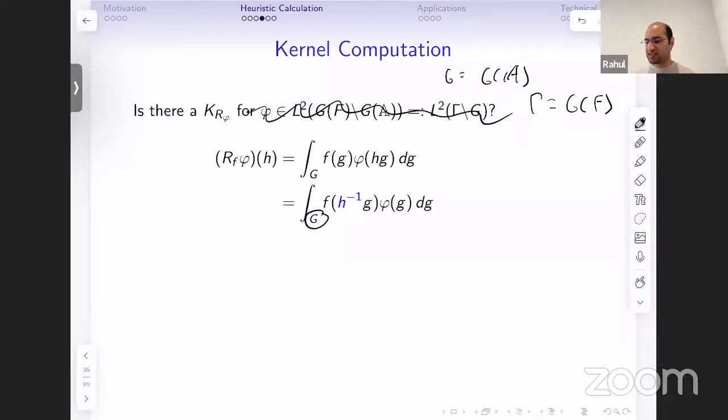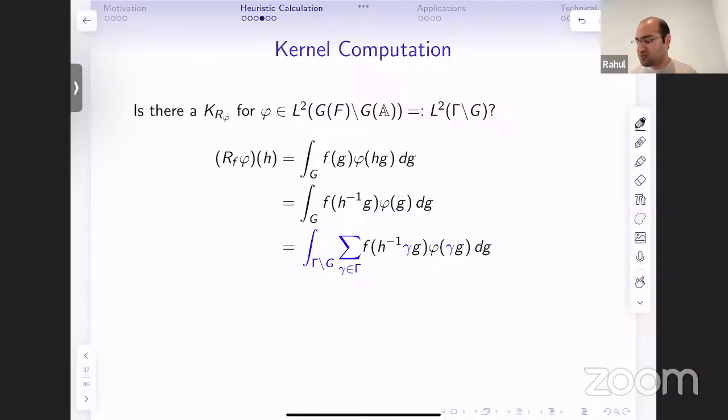Well, we're just going to break this integral over G into a sum over gamma and then an integral over gamma mod G. So we just insert another variable in our integration. And we can do it this way. And then basically what happens is that we need to remember that phi was a function on G mod gamma.